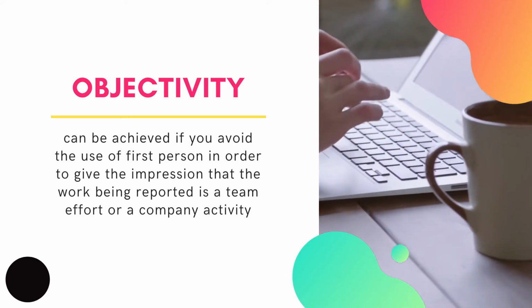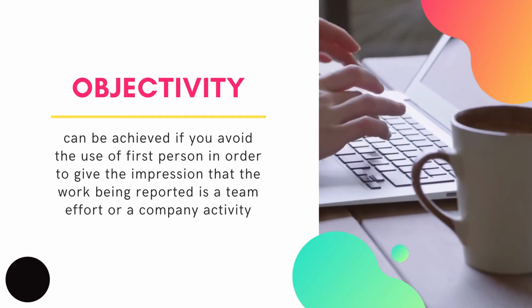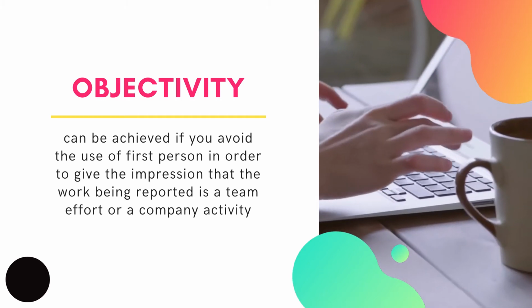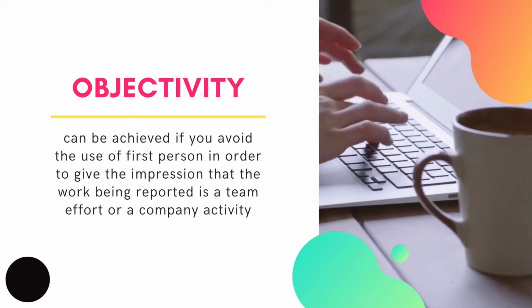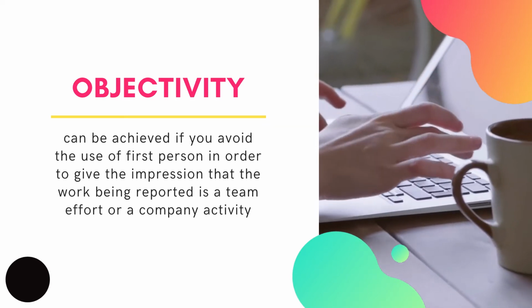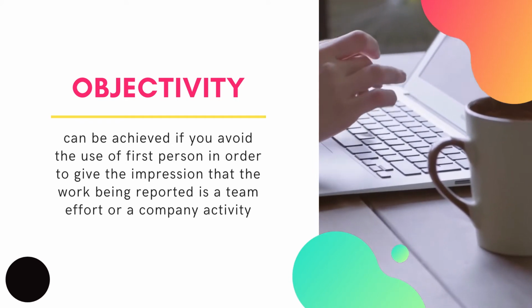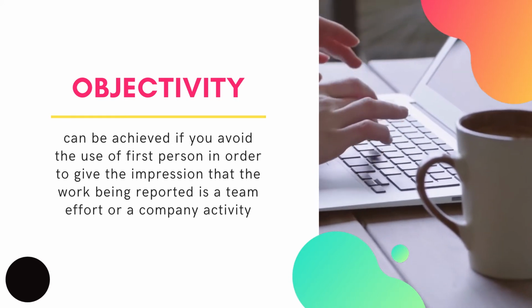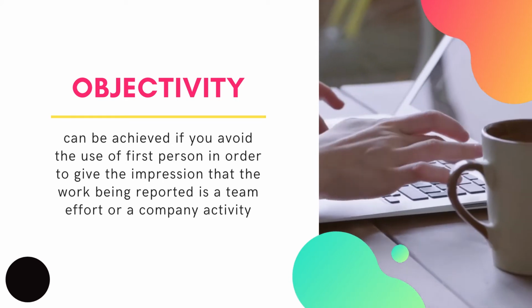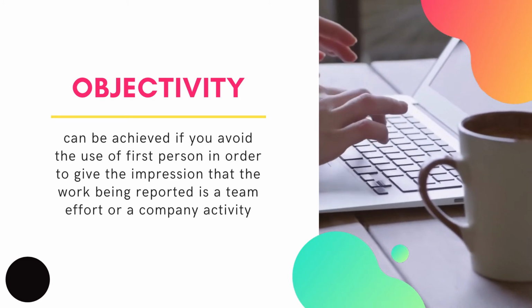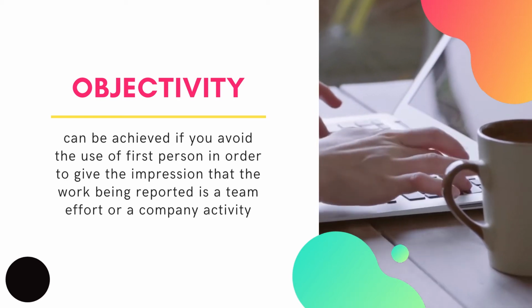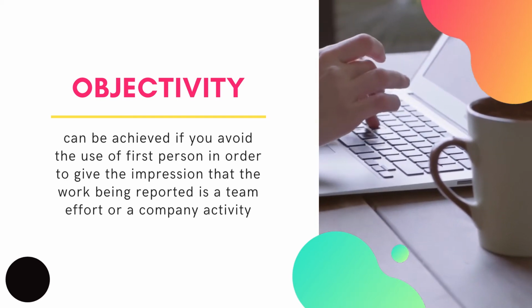Meron kasing iba, they start off with their writing using the I. So I have written this report, blah, blah, blah. Tapos mamaya on the next paragraph, they are already using another pronoun such as you, we, ganun. So there is actually inconsistency with the point of view of your writing.